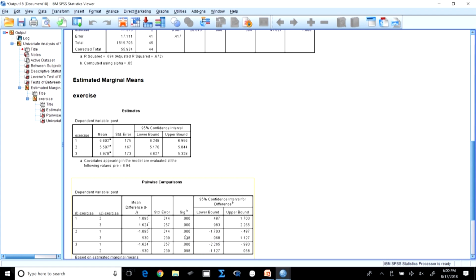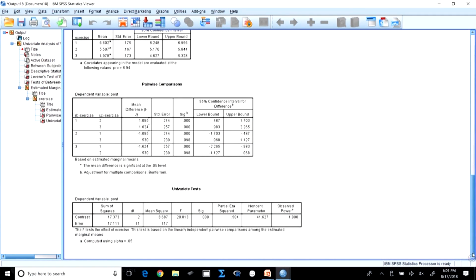So, by this we can say, well, the difference in the exercises between no exercise and moderate exercise is significant on the cholesterol level, 1 and 3, that is no exercise and heavy exercise is significant, but moderate exercise, which was like people walking, and hard exercise, which is with machines, that actually made no significant difference. So, this helps us to test the effect of the treatment on the dependent variable, right.